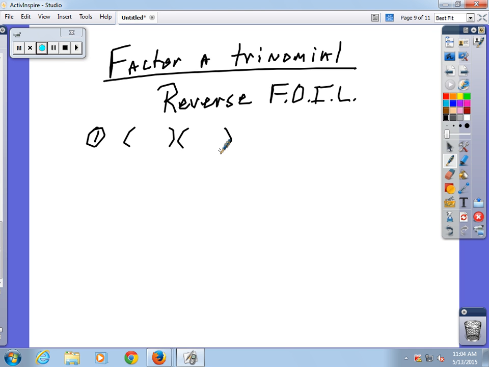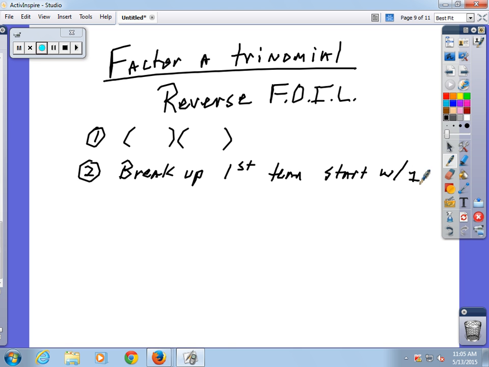Second thing you're going to do, break up first term, starting with 1.